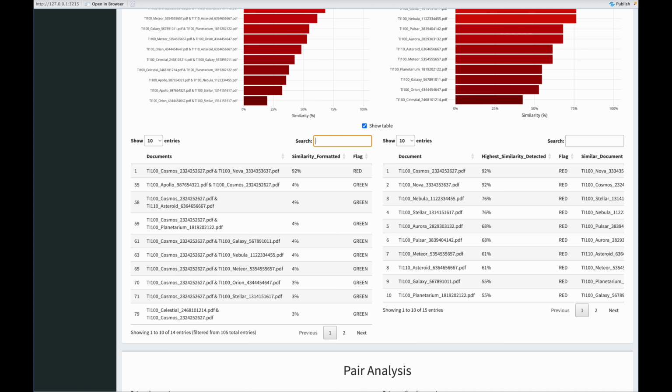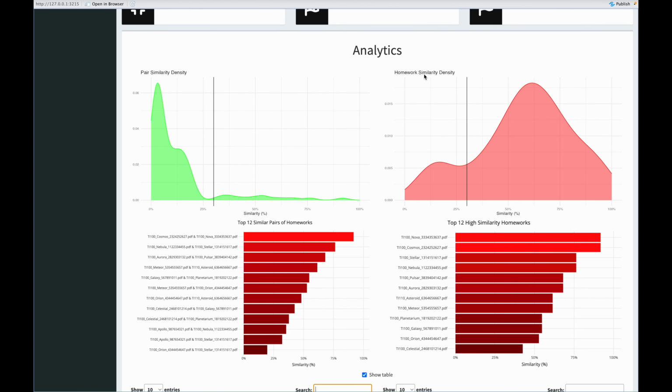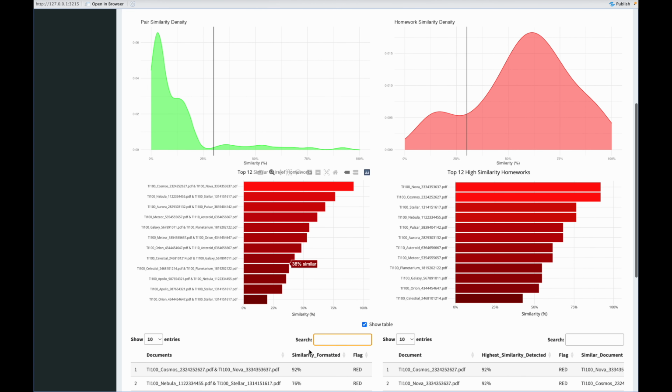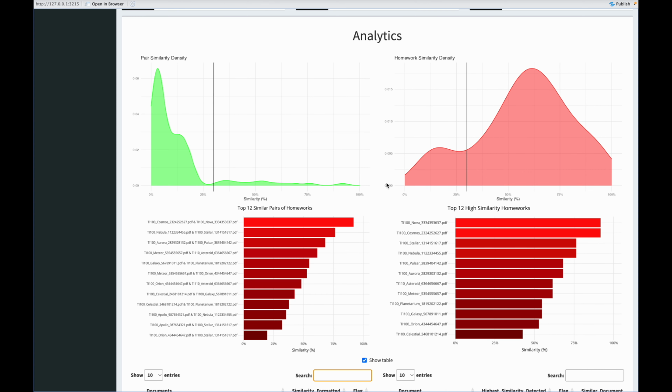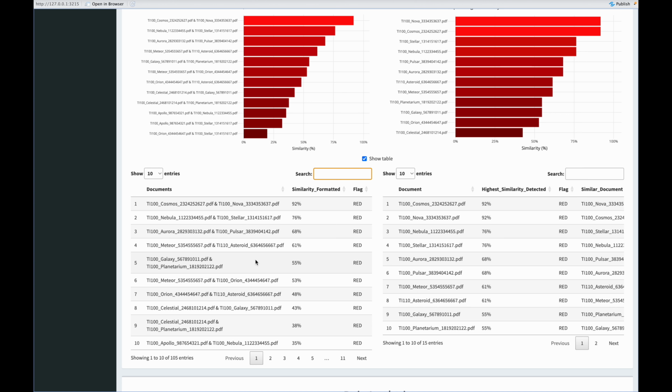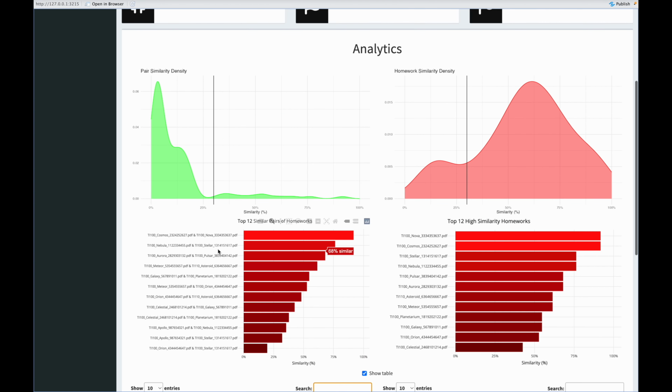Okay, let's move on to the density chart. These are basically the similarity density charts of the table below. Basically kind of like a distribution. So for example, the pair similarity is most likely to be around here. Out of 105 pairs, most of them are around here.